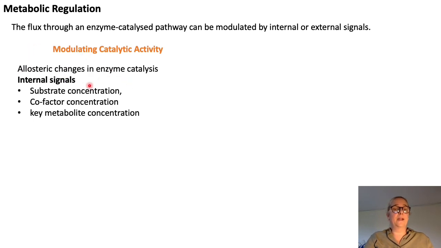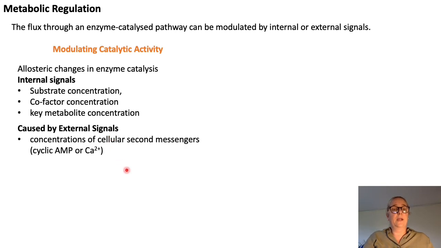So these are internal signals. Things like substrate concentration, cofactor concentration, also key metabolite concentration can alter the internal signal. It can also be caused by external signals, so the concentration of a cellular second messenger, things like cyclic AMP or calcium, divalent ions.